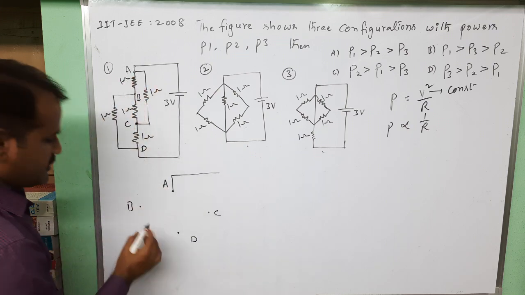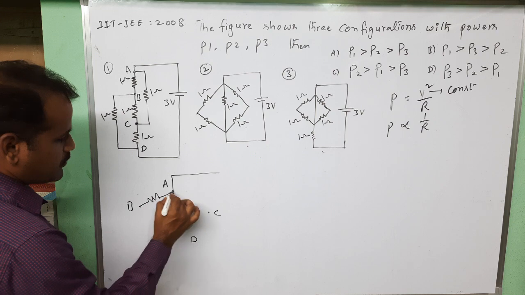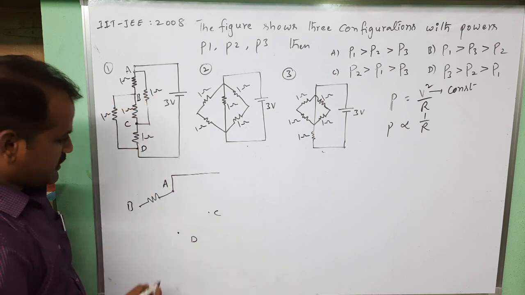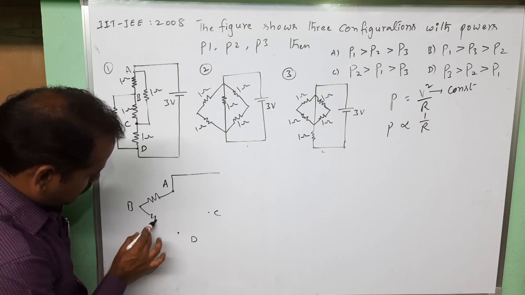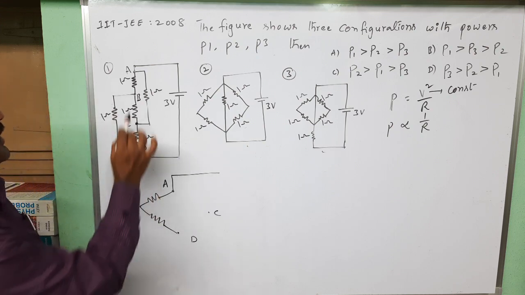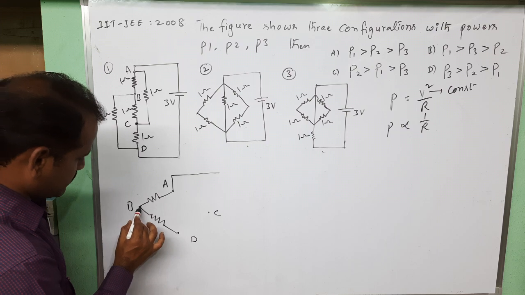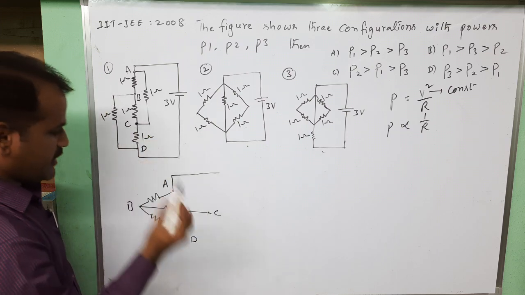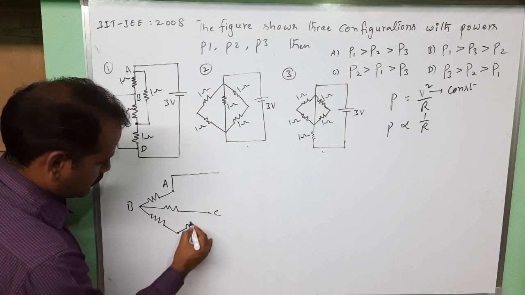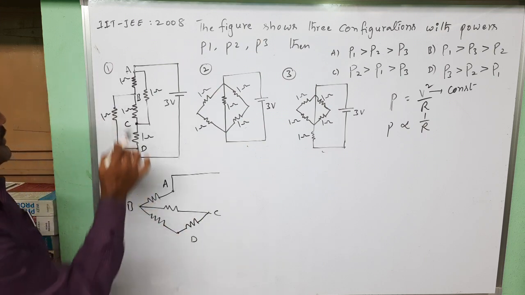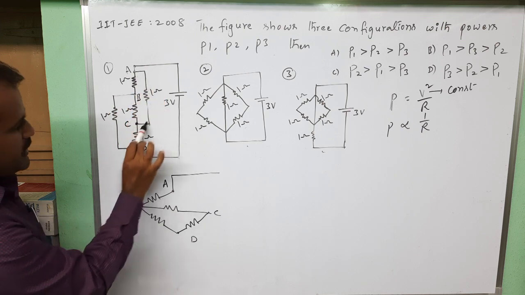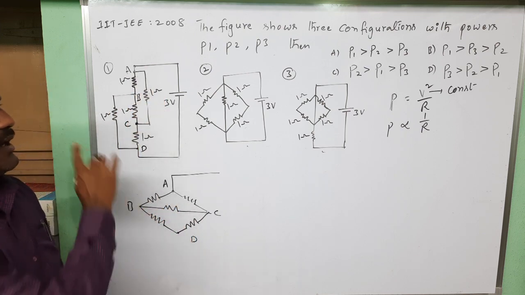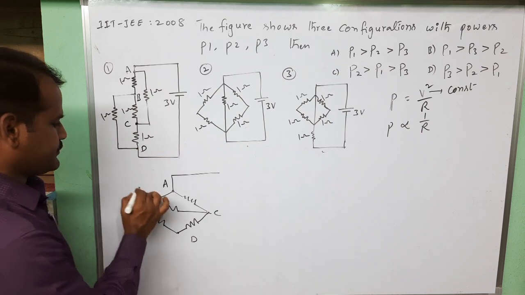Observe, A to B one resistance, B to D one resistance, B to C one resistance, C to D one resistance, and A to C one resistance. All are having equal values of 1 ohm.